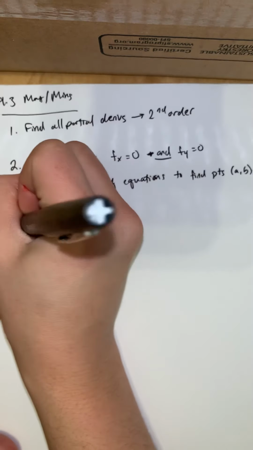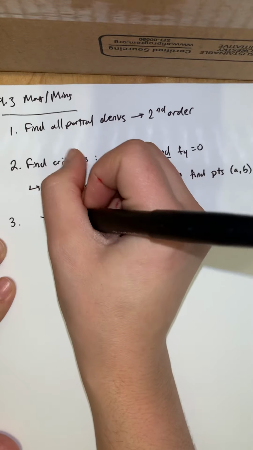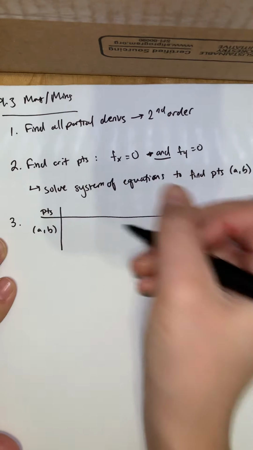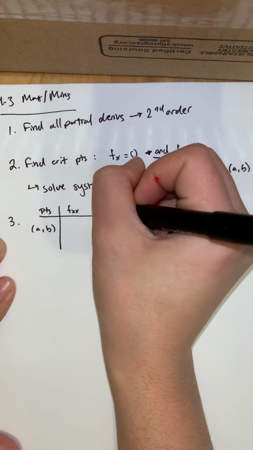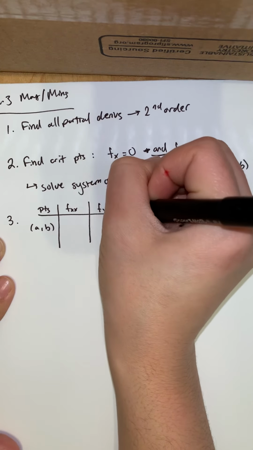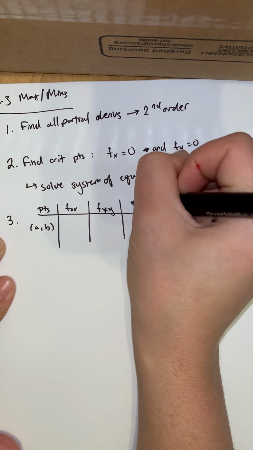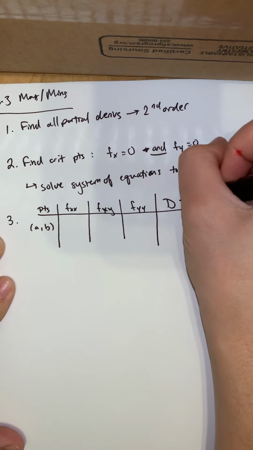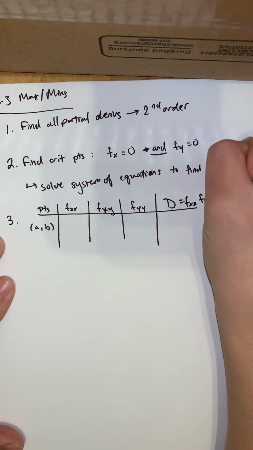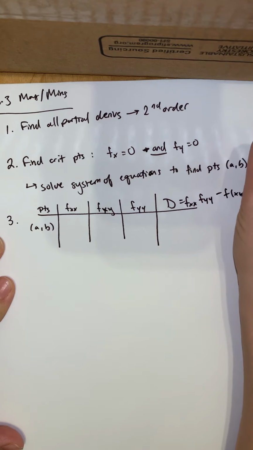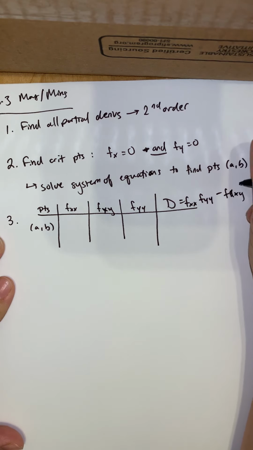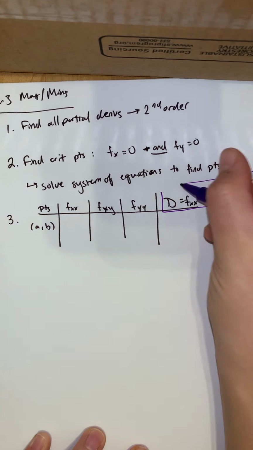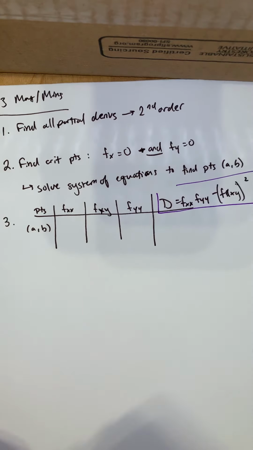Now, step 3, we are going to make a chart where I have my points, (a, b), and then I'm going to just plug them in: fxx, fxy, fyy, and then we had our discriminant, D, which equals fxx times fyy minus fxy squared. So this is an equation.